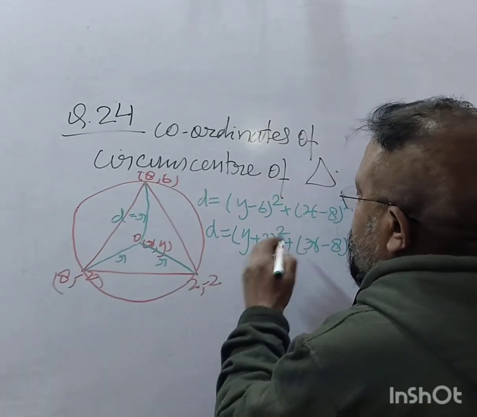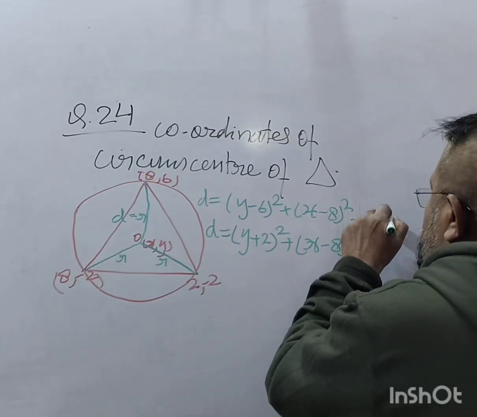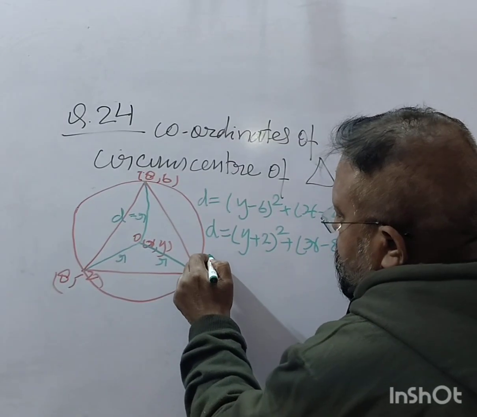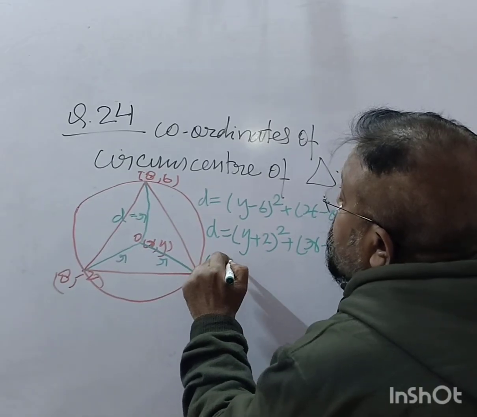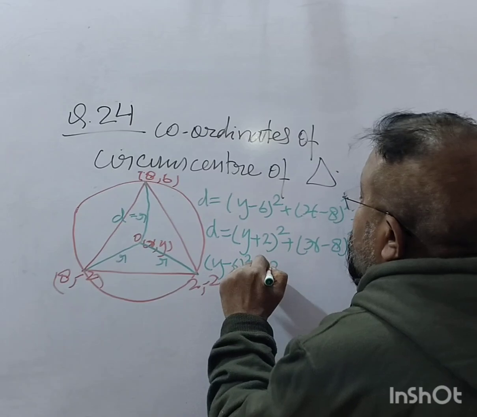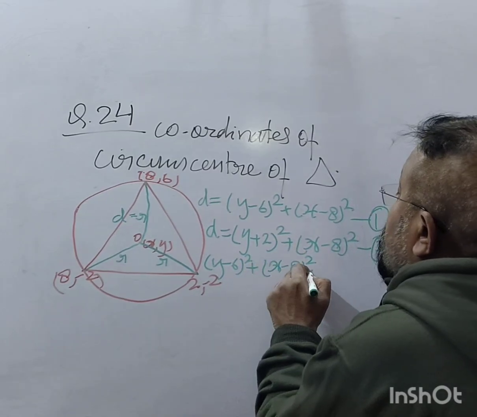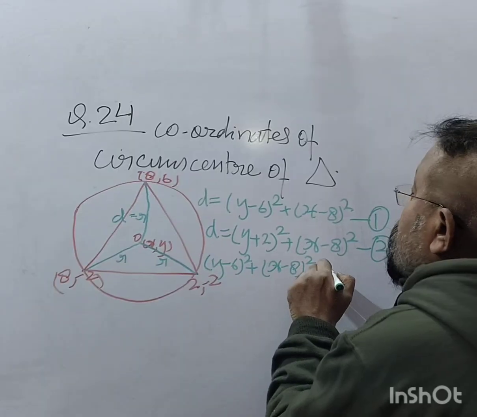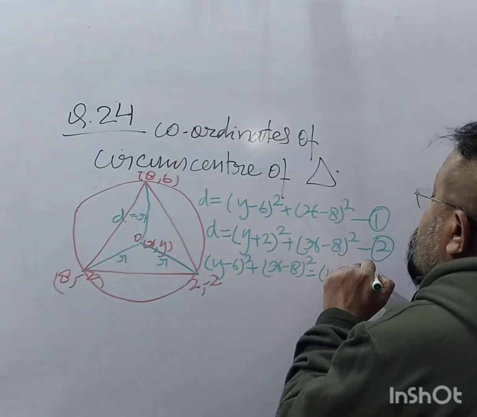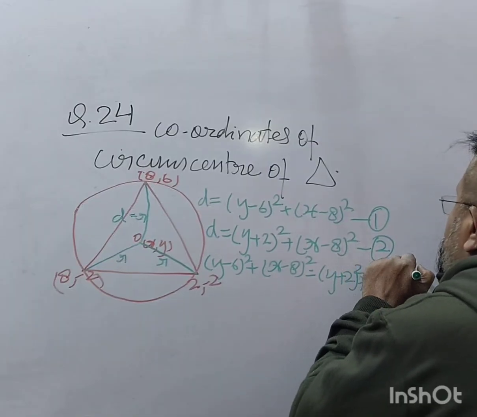If you equate all these, this is 1, this is 2. On equating, it is y minus 6 whole square plus x minus 8 whole square is equal to y plus 2 whole square plus x minus 8 whole square.